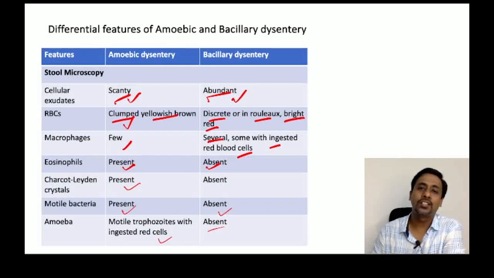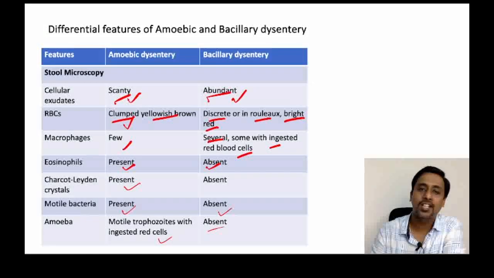Microscopically, cellular exudates are obviously more in bacillary dysentery because of the inflammatory nature of the infection. RBCs are either discrete or in rouleaux formation because they are not destroyed or altered and the membranes are not damaged, whereas in amoebic dysentery RBCs are altered with damaged membranes, so they will be clumped. Macrophages are few in amoebic dysentery because it is non-inflammatory, whereas they are several in bacillary dysentery because it is inflammatory.